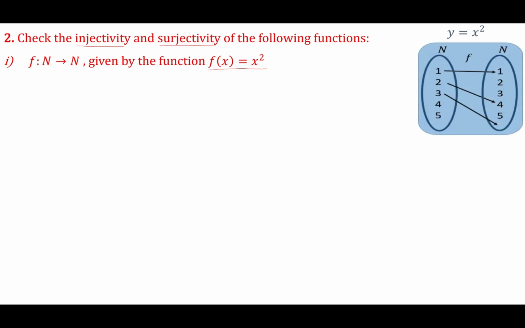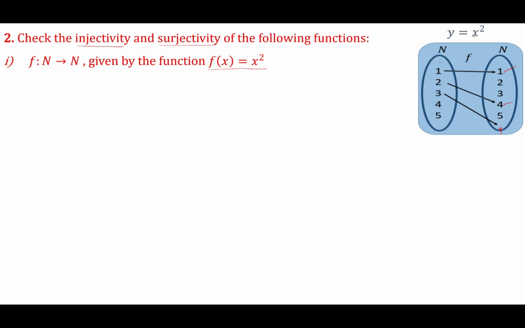All natural numbers are 1, 2, 3, 4, and so on in the domain. If I plug in natural number x as 1 in the given function, y is 1. If I plug in 2, I get 4, because 2 squared is 4. For 3, it will be 9. For 4, 16, and so on.